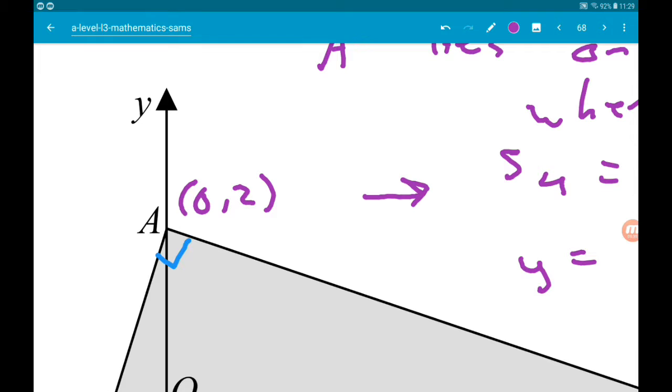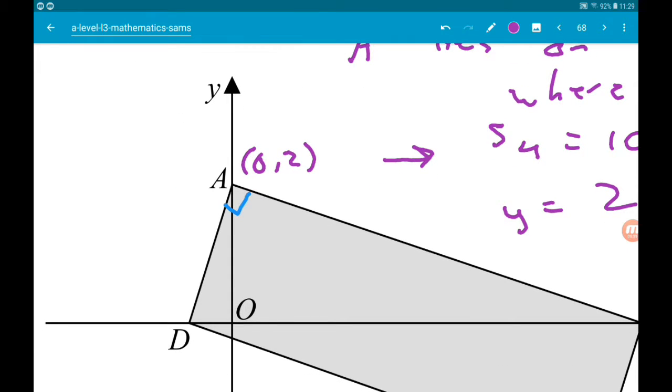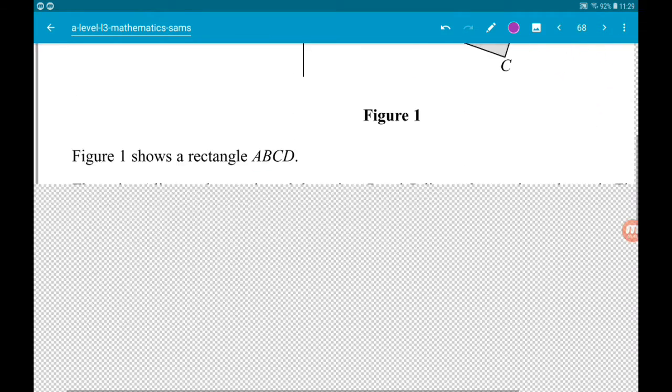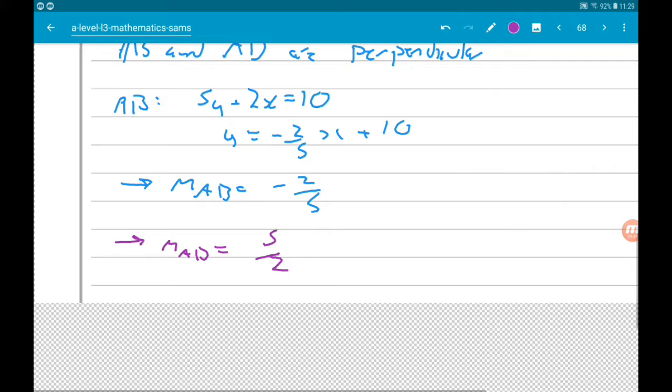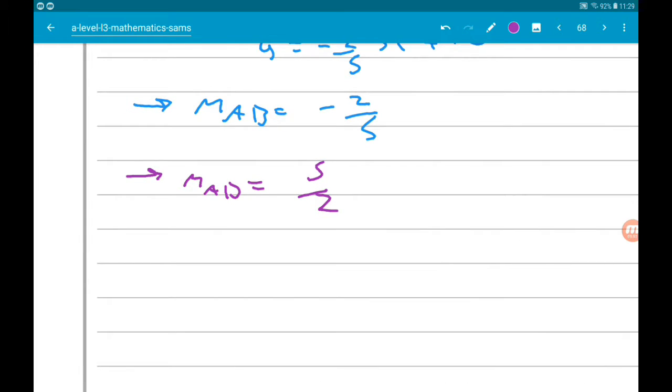So, now that we know the gradient of AD, and we know a point that lies on the line, we can find the equation. So, we know that AD is of the form, I'm going to use y equals mx add c. You can use y minus y1 equals m times x minus x1 if you prefer.